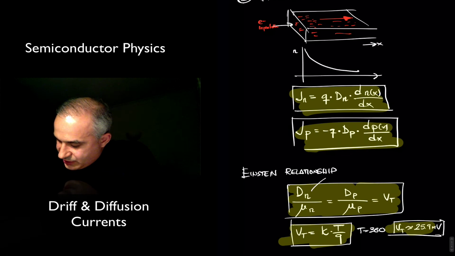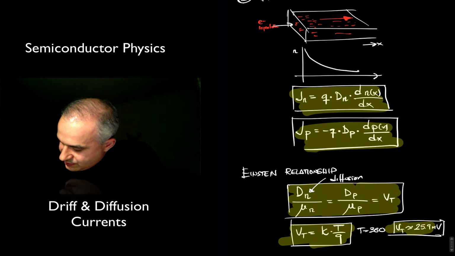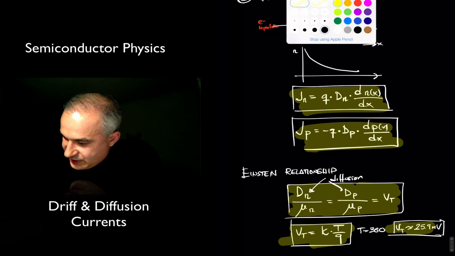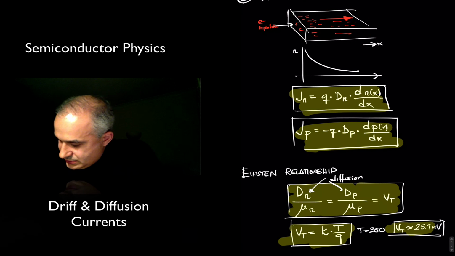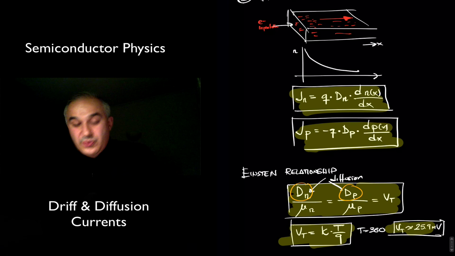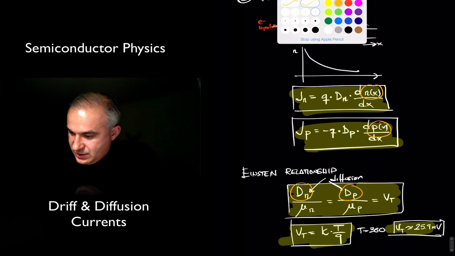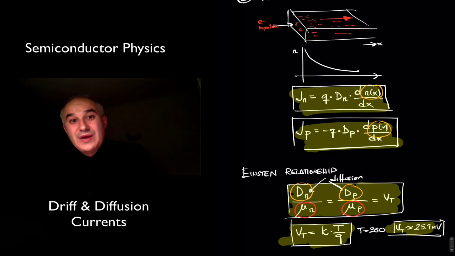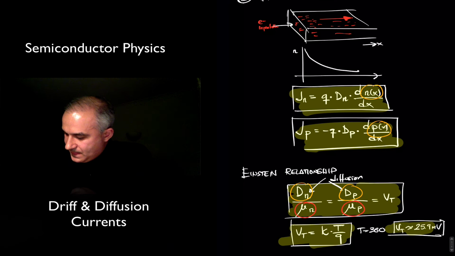Remember, in this case, we are talking about diffusion currents over here, due to differences in concentrations, like here. Over here, we are dealing with drift currents due to electric fields, and we have a constant here that is the thermal voltage.